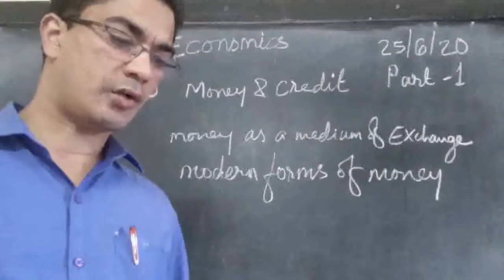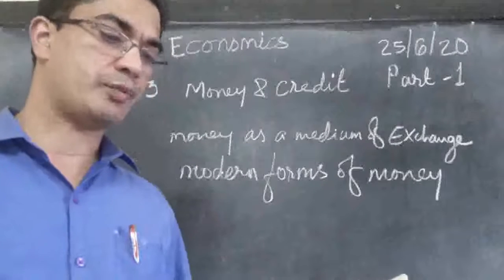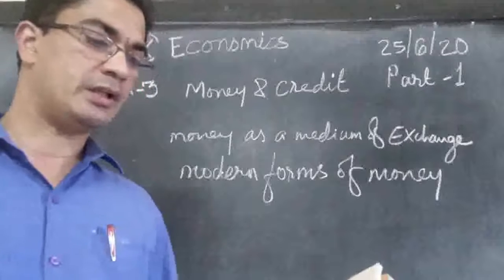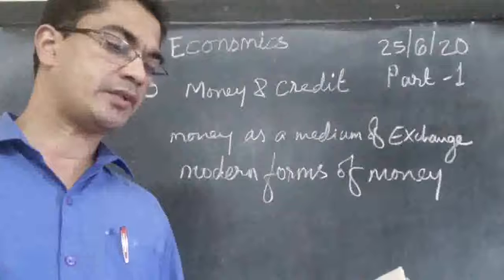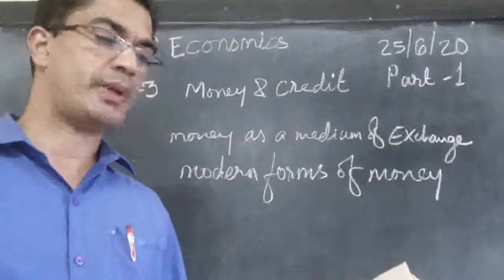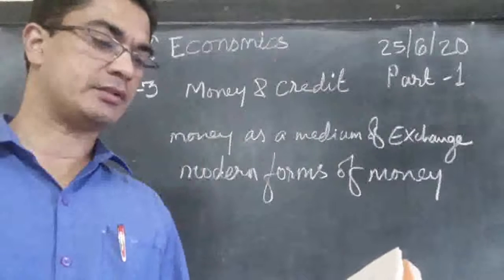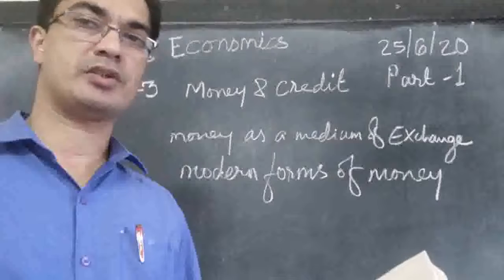Before the introduction of coins, a variety of objects was used as money. For example, since the very early ages, Indians used grains and cattle as money. Thereafter came the use of metallic coins, gold, silver, copper coins, a phase which continued well into the last century.